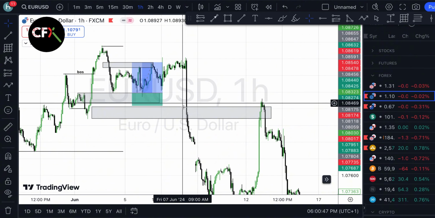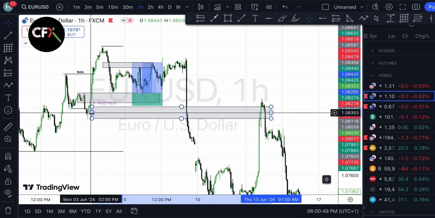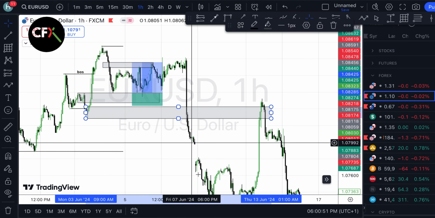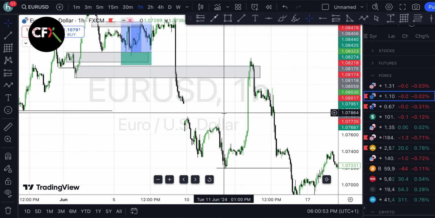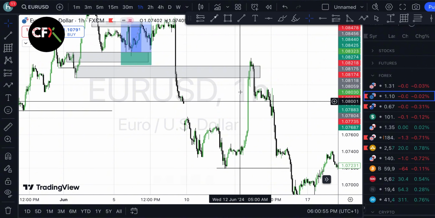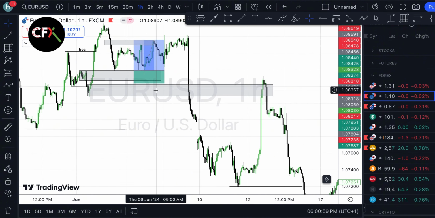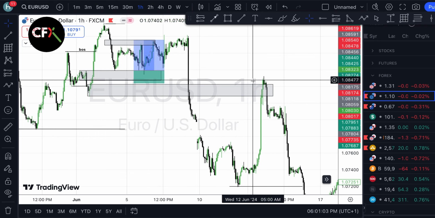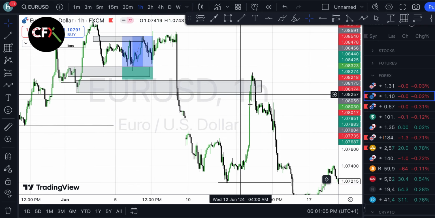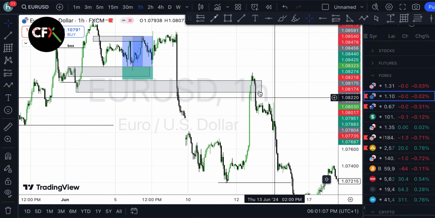So instead price breached the order block here. We broke it. So what we see here is that price actually retraced back to that order block that was violated, which is now considered as a breaker block. So you can see how immediately price got to that zone, and how price started to sell.